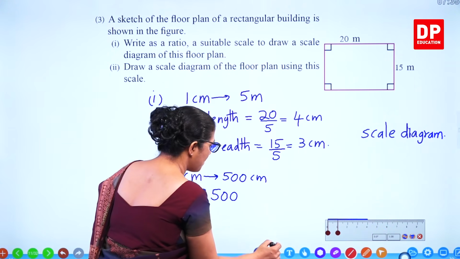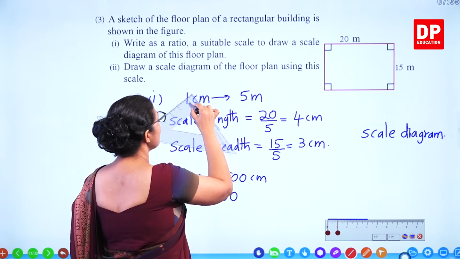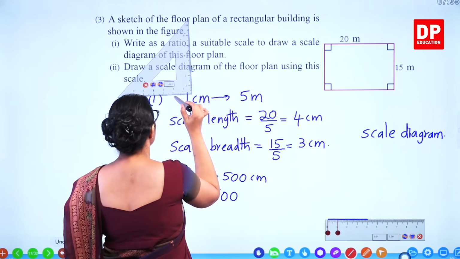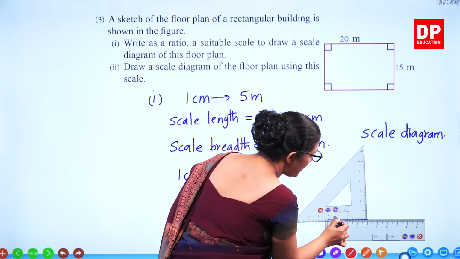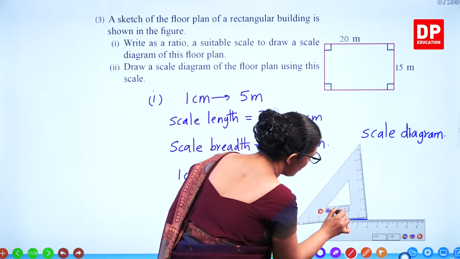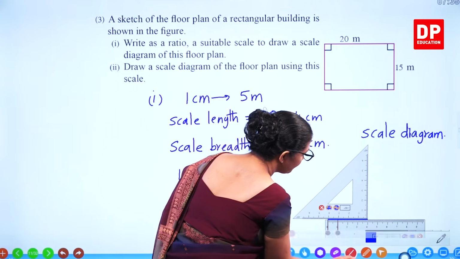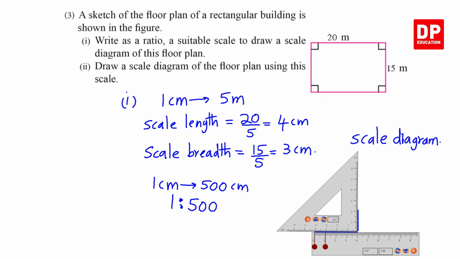Then take the set square, keep it on top of this line and you can draw now the three centimeter length, here to here.